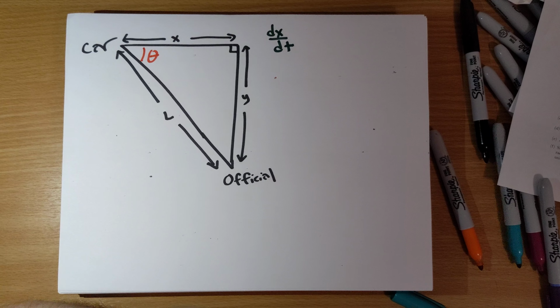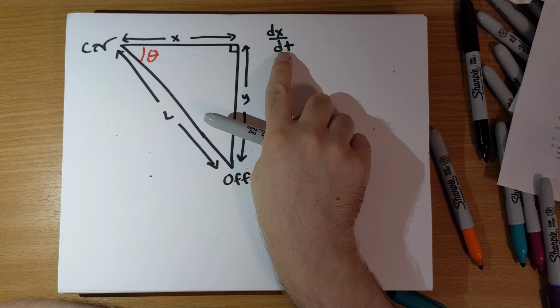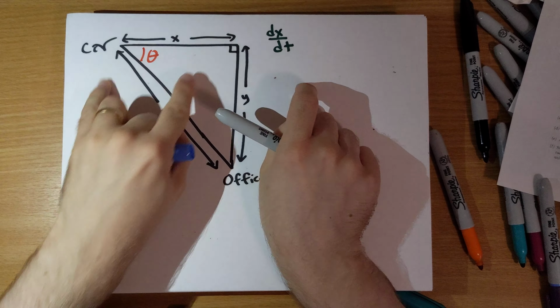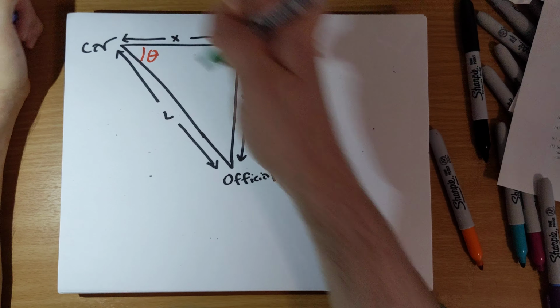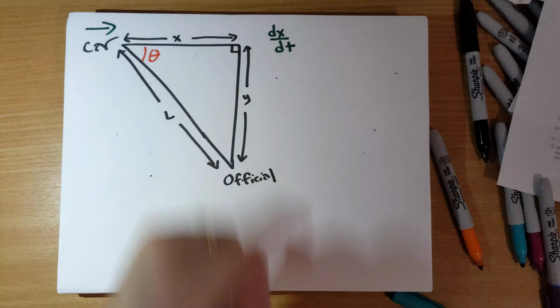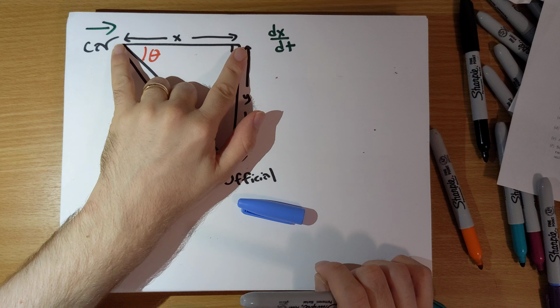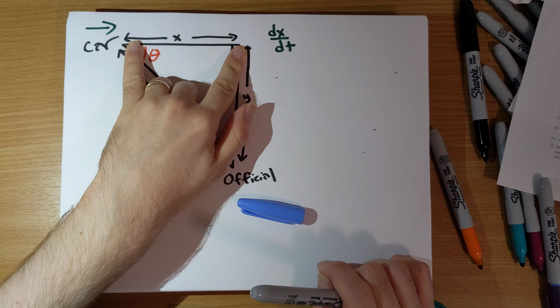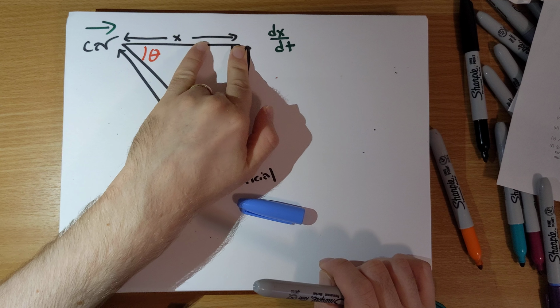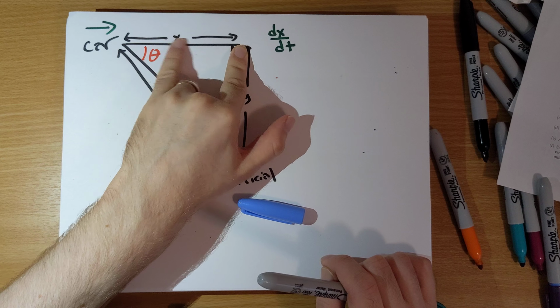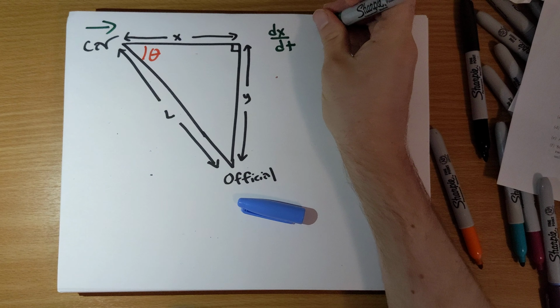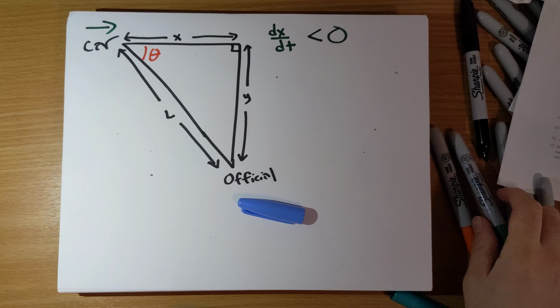The first thing here, dx dt, is the change in x with respect to time, the change in this distance here with respect to time. The car is going to the right, and so as time is increasing, this distance is getting shorter and shorter, x is getting smaller and smaller, so dx dt is negative.